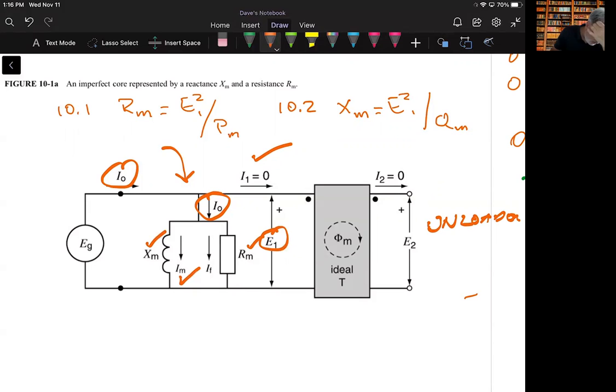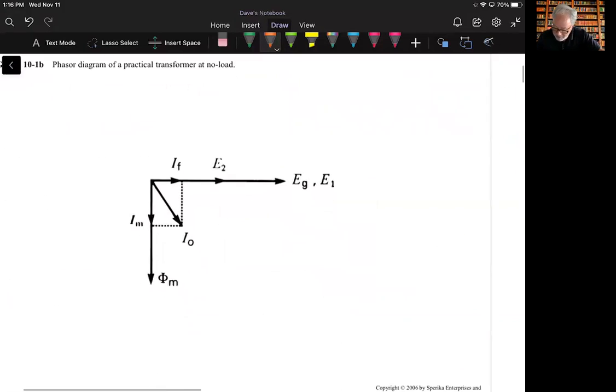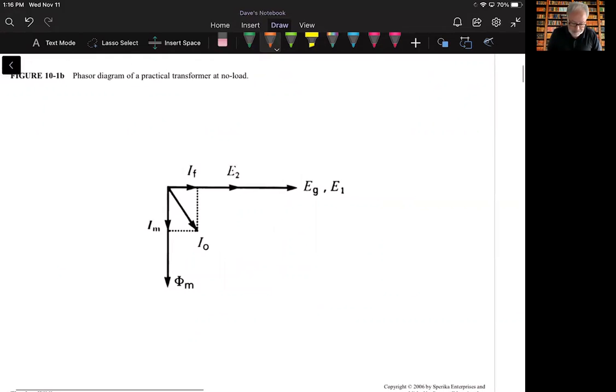So this is kind of what we're looking at, and let's look at this phasor diagram and see if we can make sense of it. This is the total current, and as you can see, it's shared between the current going through that inductor and the current going through the resistor, which we labeled I sub F. We can also see a couple of things here. All the voltages are in phase.